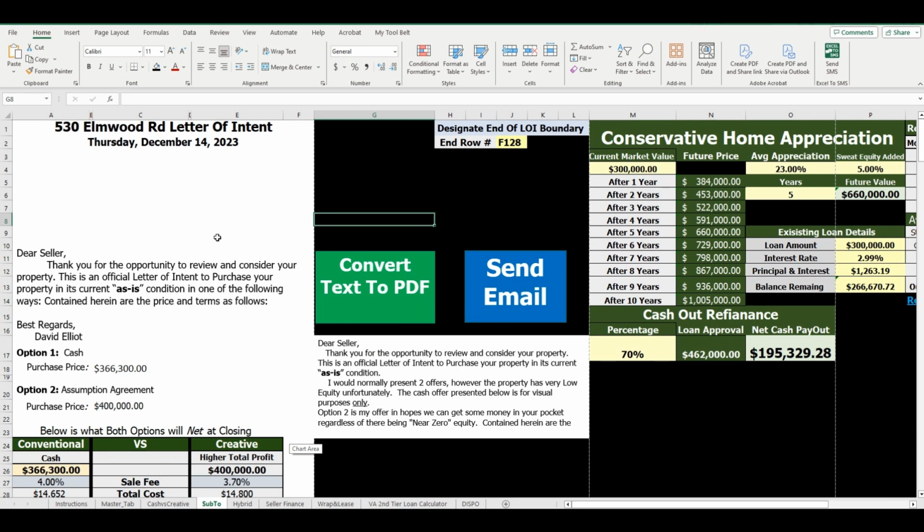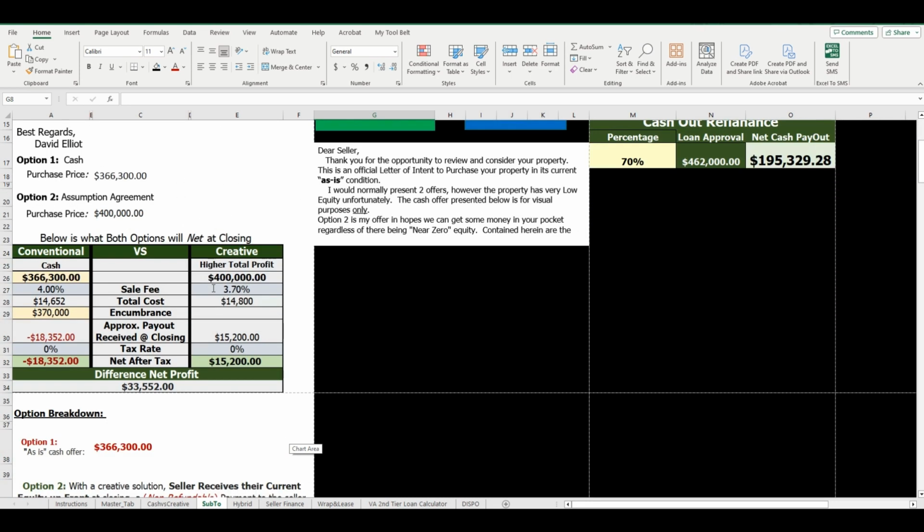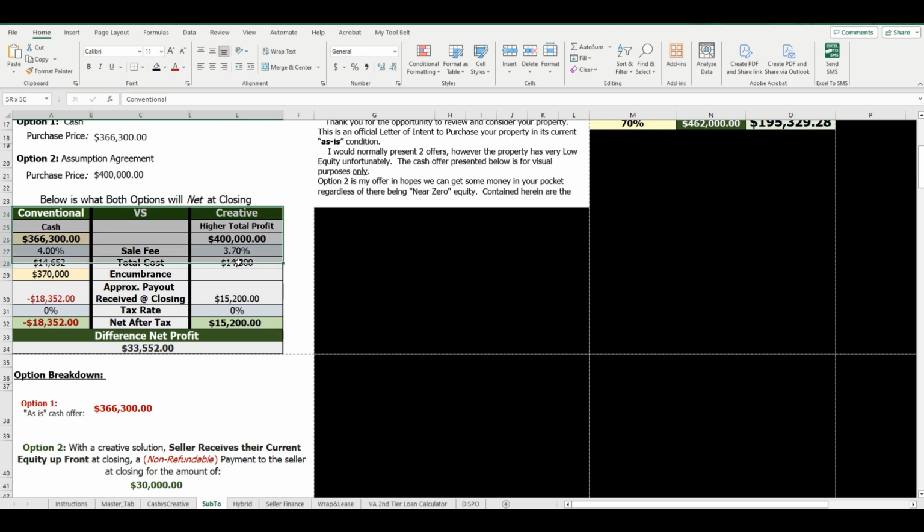You will have the flexibility to edit this however you like, but the standard inputs are ready to go. So we've got a cash offer at $366. We have a creative offer at their current list price of $400,000. Seller can receive $15,000 at closing, or the seller can come to closing with $18,000 at closing.